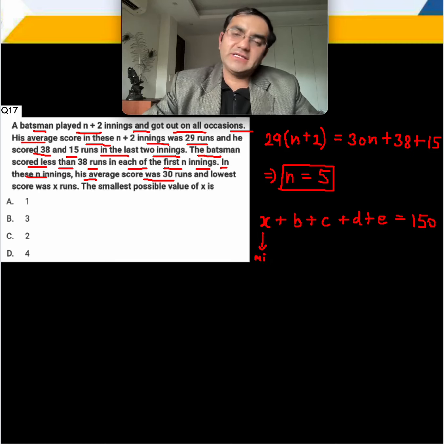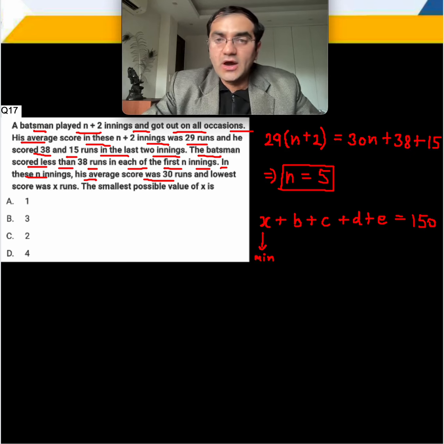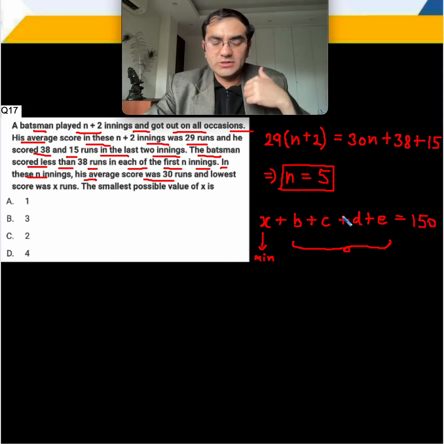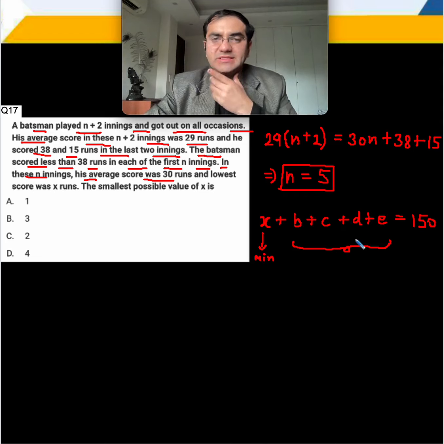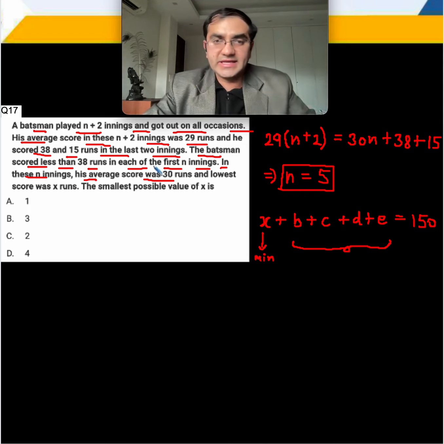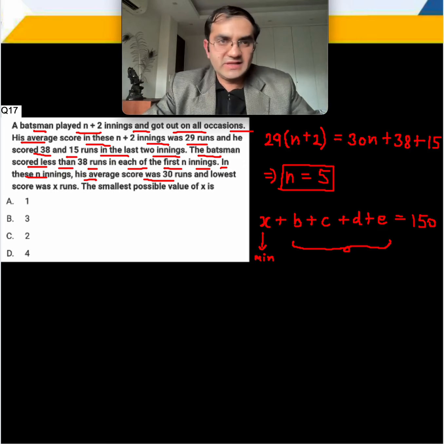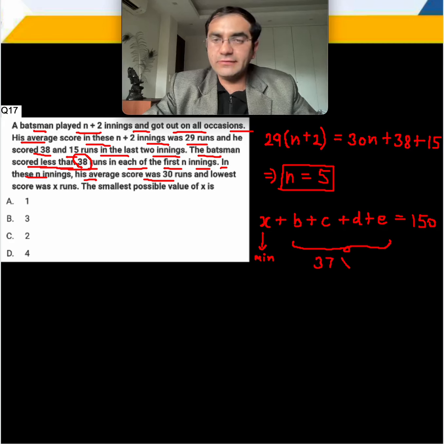In order to find the smallest value of x, all of these other 4 values should be as large as possible. Here I have to minimize this one, so I will maximize the others. What is the largest that I can give? It said that the batsman scored less than 38 in each of the first n innings. So the largest that I can give, less than 38, will be 37, for 4 matches.